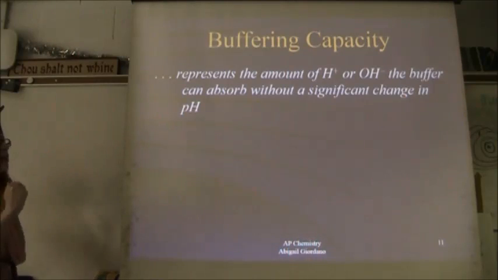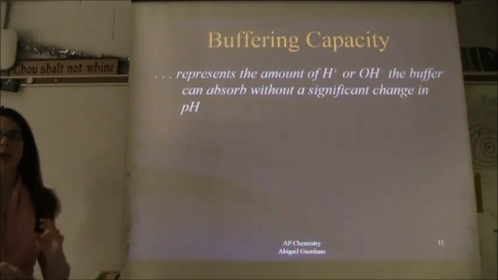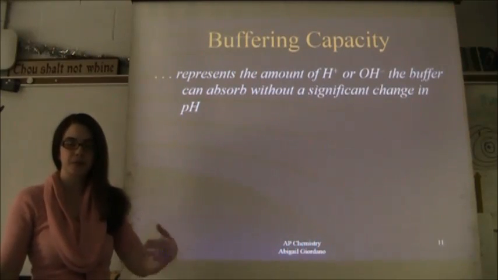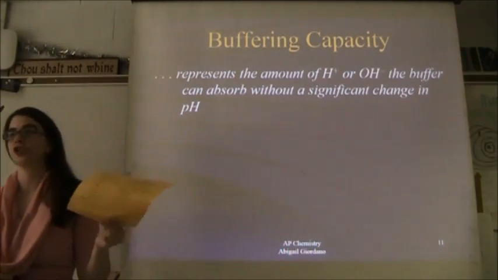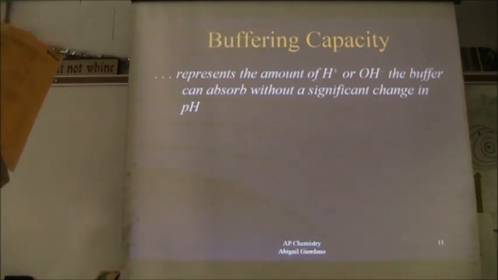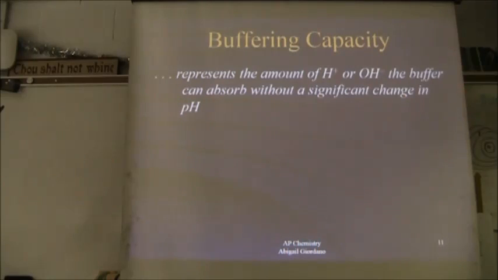Now, what determines a buffer's buffering capacity has to do with the equation that I showed you last class. So take your equation sheets out if they're not out already. And I want you to look at this equation. Remember, I call it the Hendy-Haas.